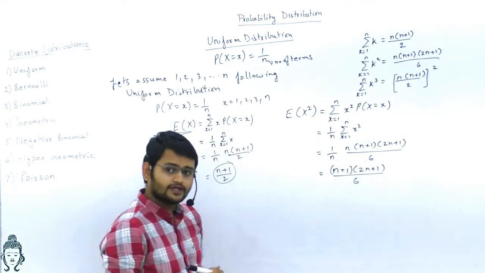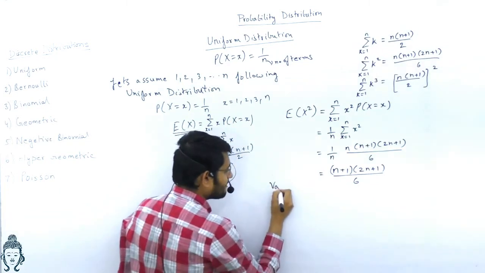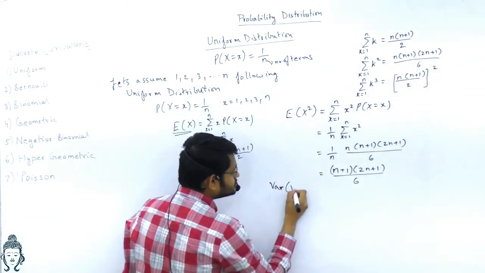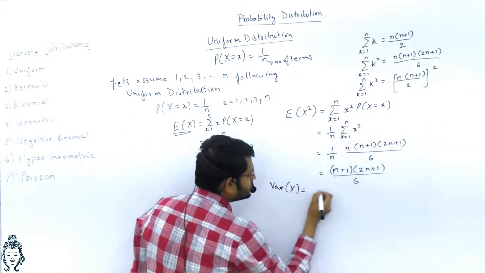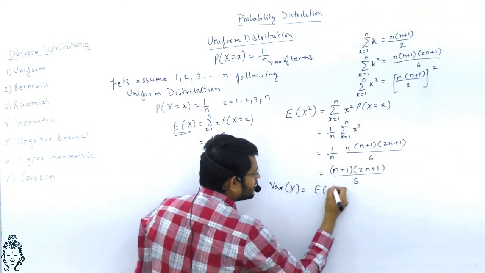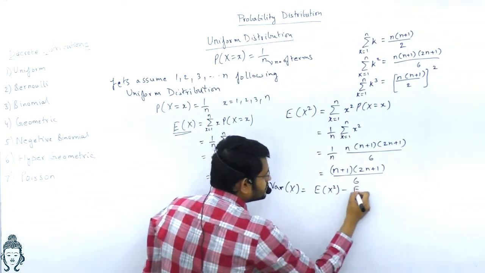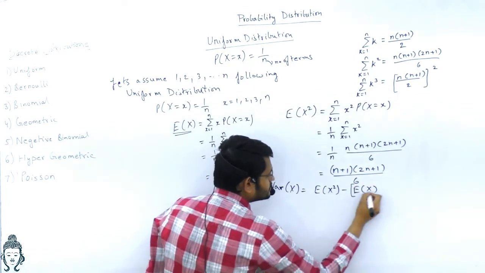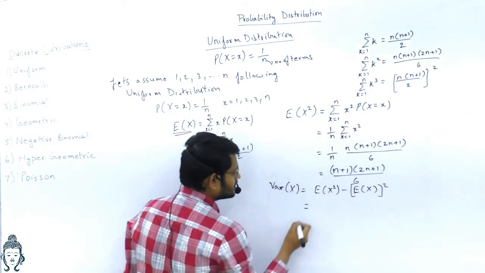Now let's find the variance. Variance of x is nothing but expected value of x square minus expected value of x the whole square.